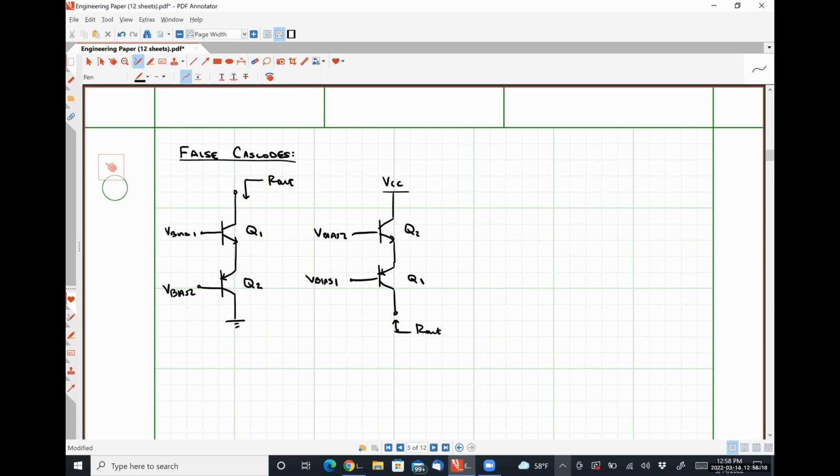So R naught was the output resistance of a current source connection, right? Which was good. That's what we just had. Whenever we had a diode connected device, it was R naught in parallel with something. R naught in parallel with 1 over gm, right?